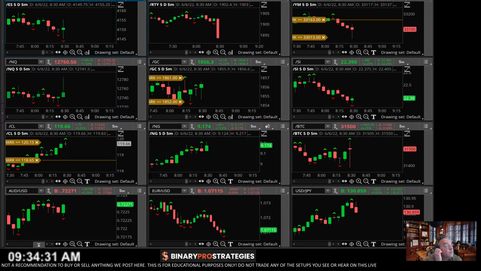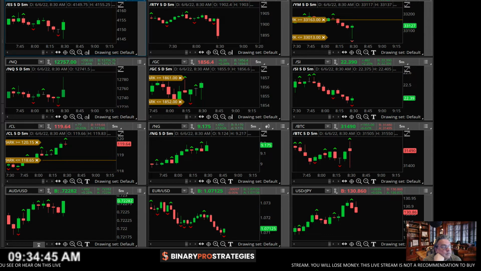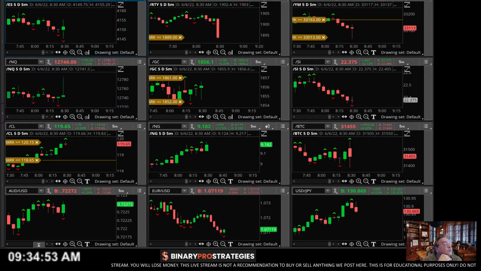Target on that Russell with the RTY is going to bring us down to 1889. Reversal, if we don't hit 1889, we're going to reverse here at 1904.